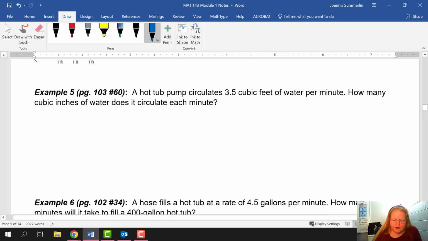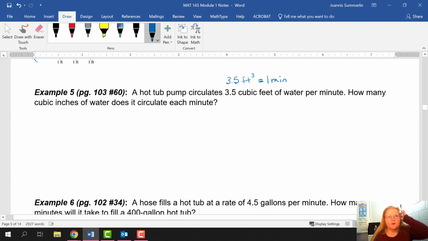A hot tub pump circulates 3.5 cubic feet of water per minute. 3.5 cubic feet, that's feet cubed, of water per minute.